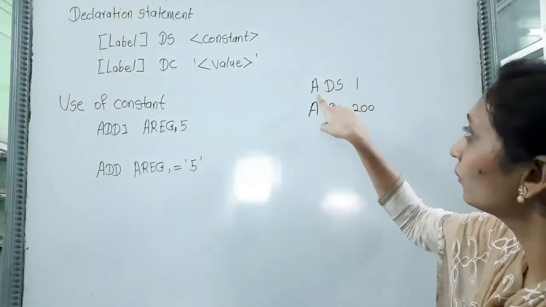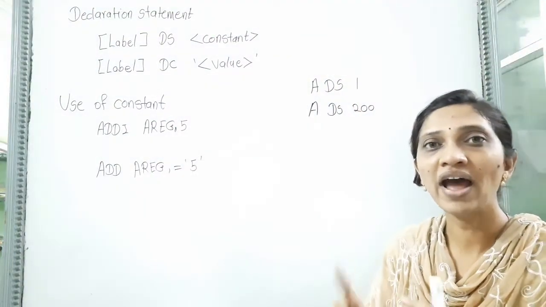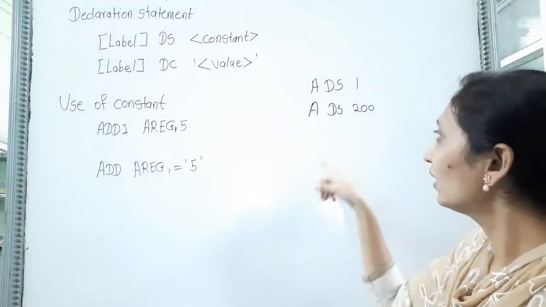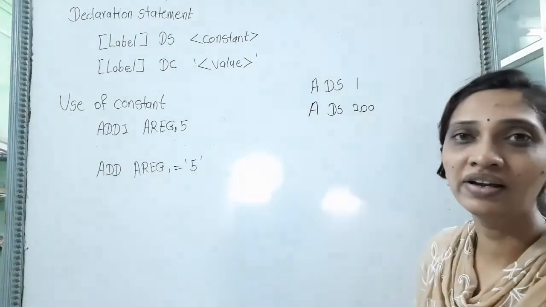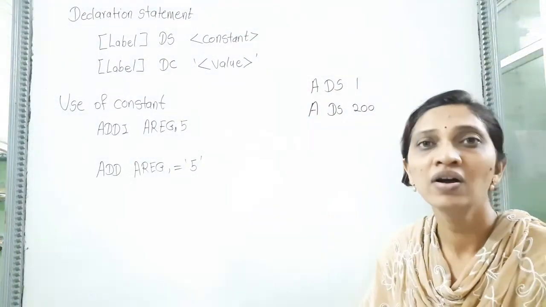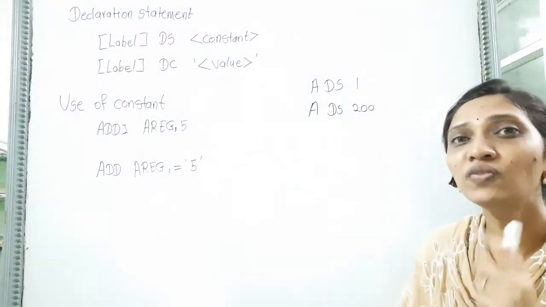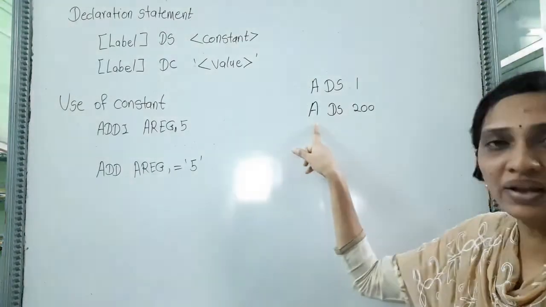If we consider only A DS 1, only one word named A is reserved, and with A DS 200, a block of 200 memory words is reserved, with the first word named A.